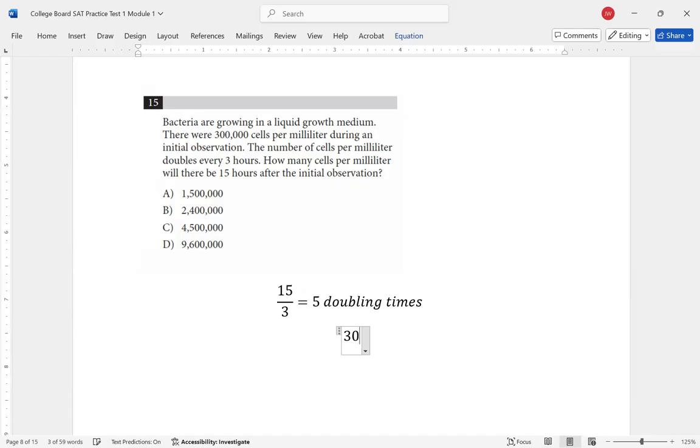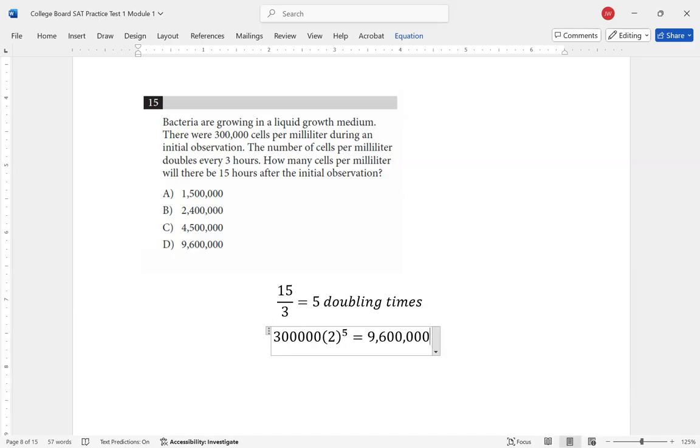Now we're starting with 300,000 cells per milliliter. Doubling means we're going to times it by 2. And because we're going to do that 5 times, we're going to take 300,000 and multiply it times 2 to the 5th power. When you do that, you end up with 9,600,000.